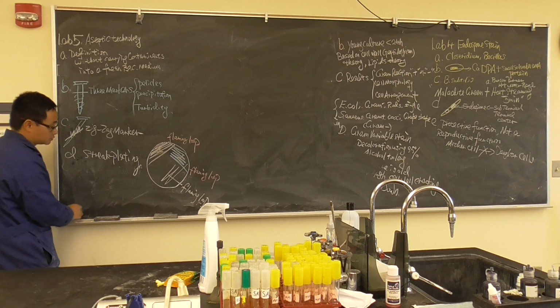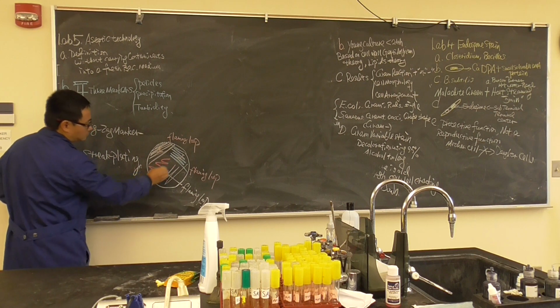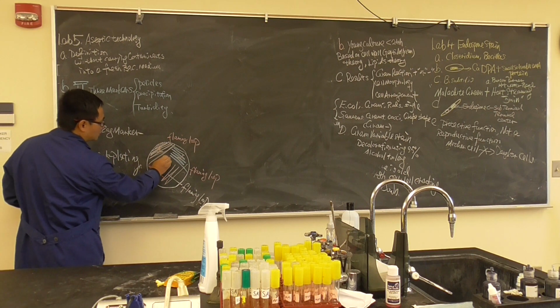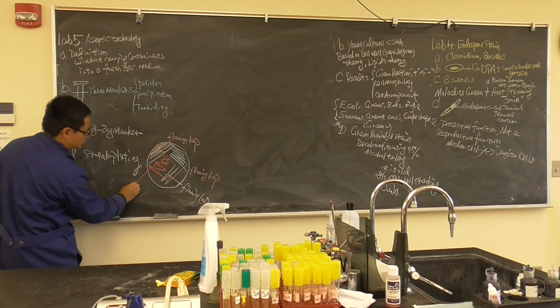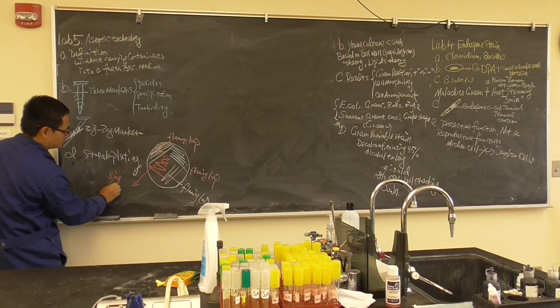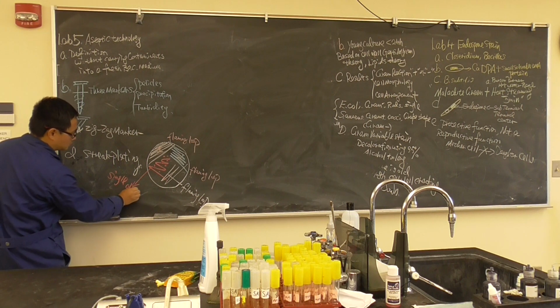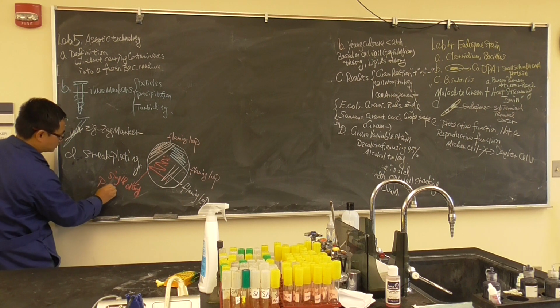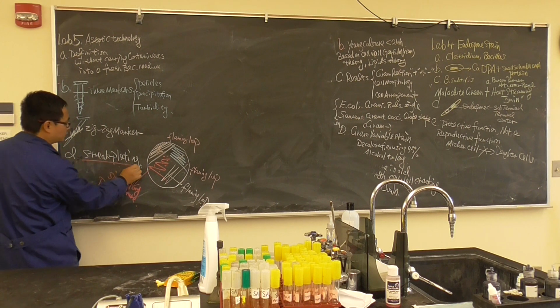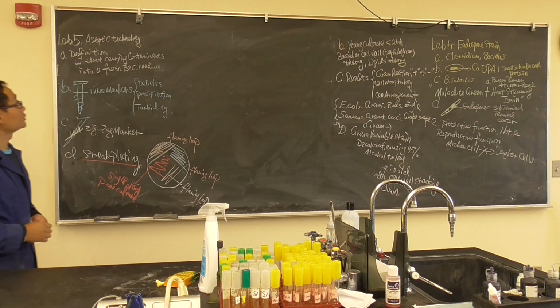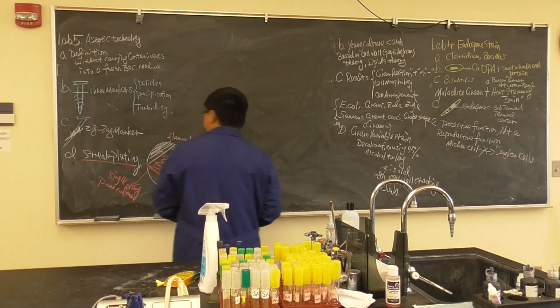Then do a last one. After incubation, you'll get single colonies, which indicate a pure culture. So the function of streak plating is to get a pure culture. Okay? So that's what we did for lab 5.